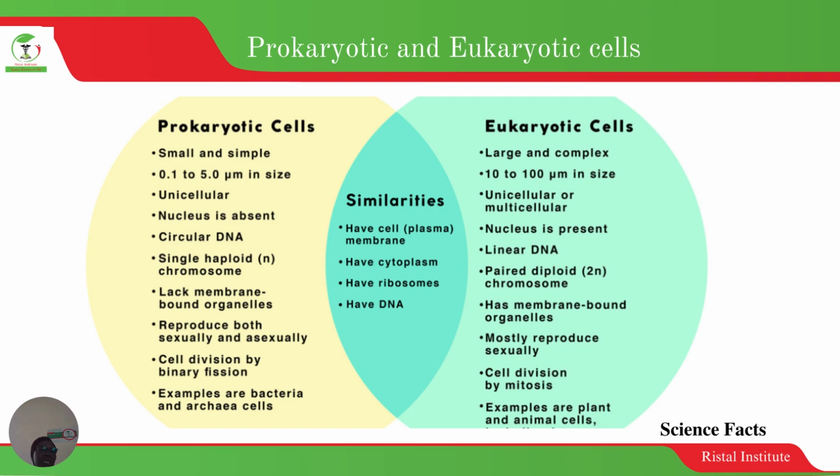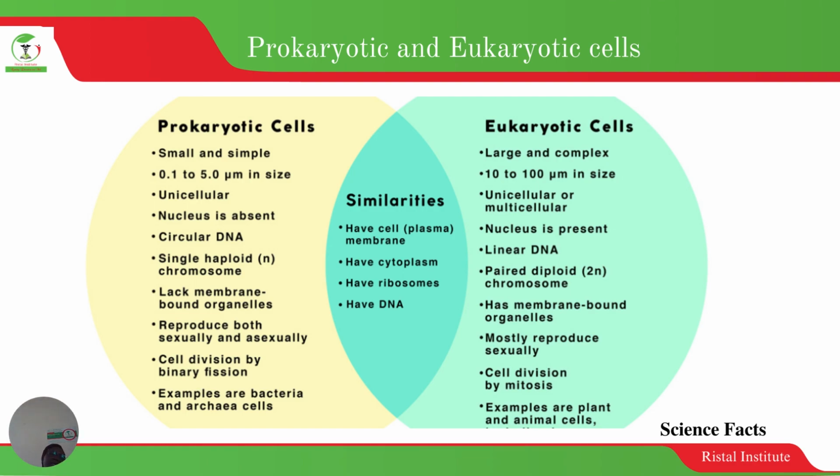As for cell division, in prokaryotic cells it is by binary fission, while in eukaryotic cells it is mostly by mitosis. Examples of prokaryotic cells include some bacteria and the archaea cells, and examples of eukaryotic cells include the plant cells and also the animal cells.